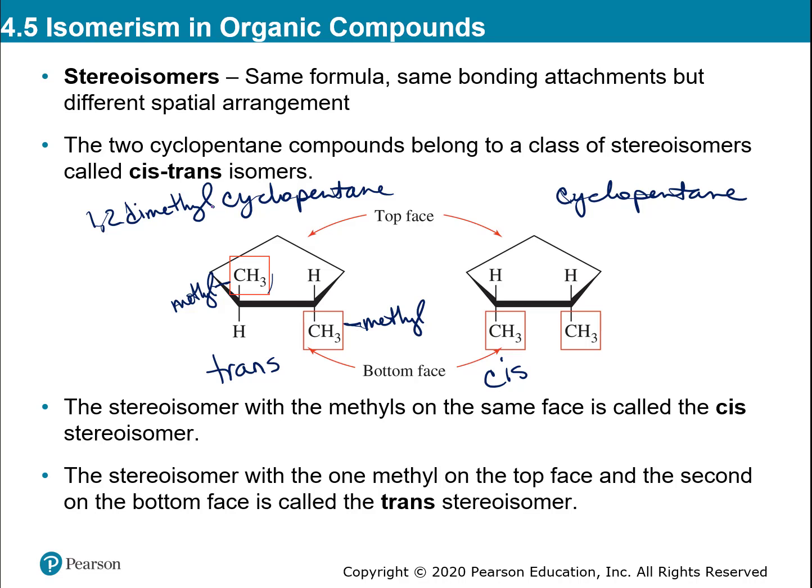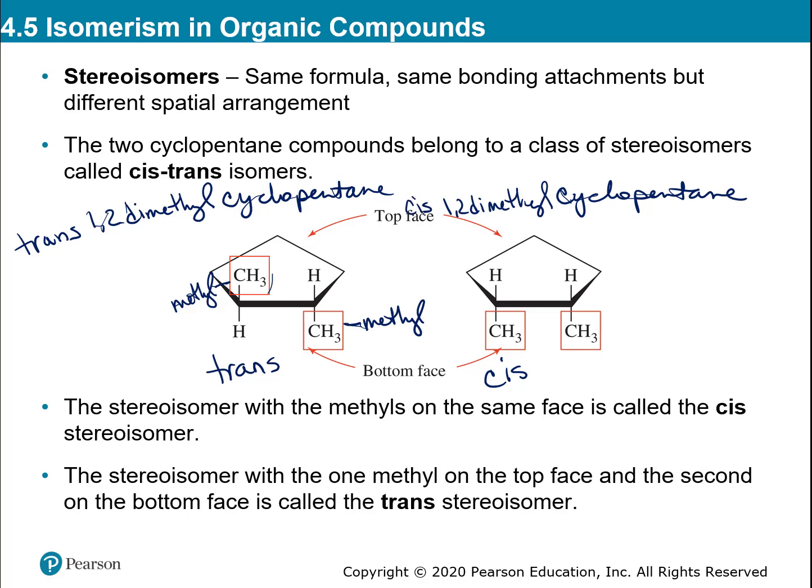It's 2 methyl groups hanging off of adjacent carbons, so I would number them 1 and 2. But I have to put the cis or trans out in front. So this one I would put as trans-1,2-dimethylcyclopentane. The one over on the other side, I would put a cis in front.